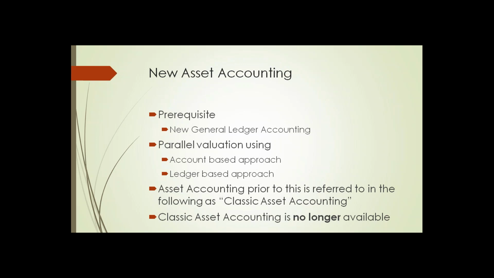And what SAP is saying now is, if you have already installed and activated this component in your landscape, this means you are already on new asset accounting. Okay, but if that is not the case, now onwards they will term that you are working on classical asset accounting, or classic asset accounting.